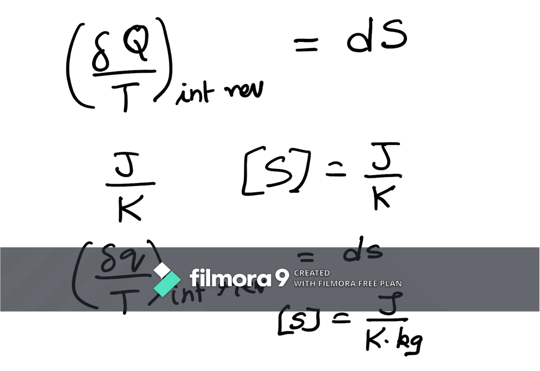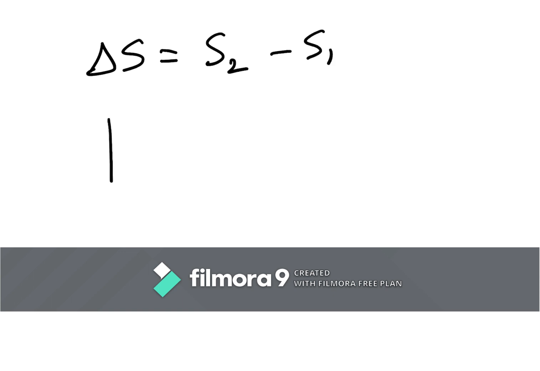So if one were to compute the entropy change delta S for a process that goes from 1 to 2, I'll draw the process.